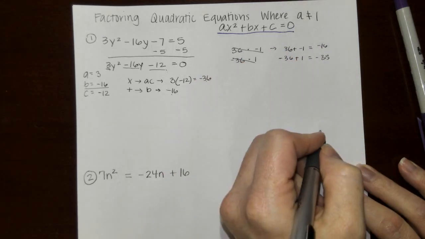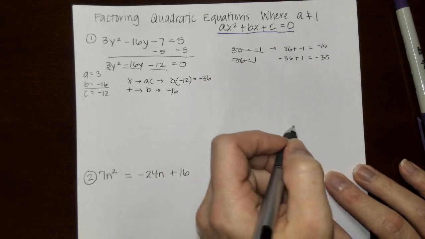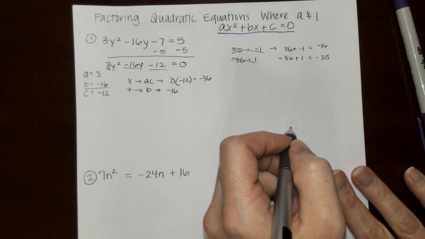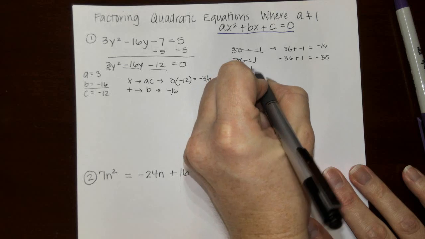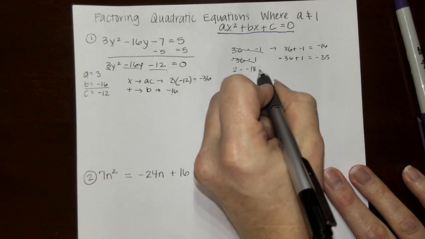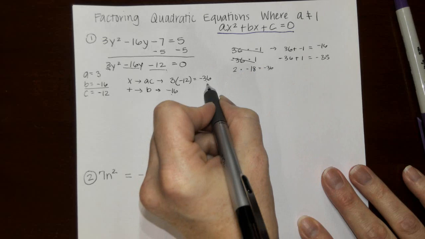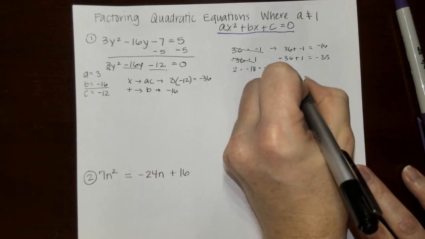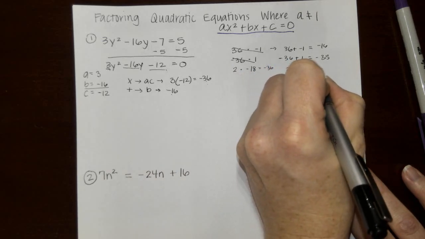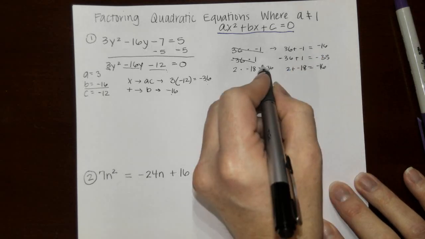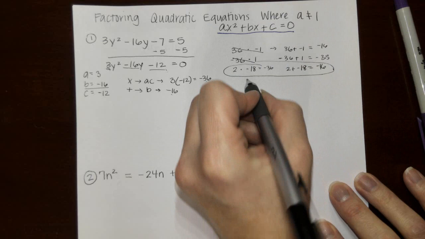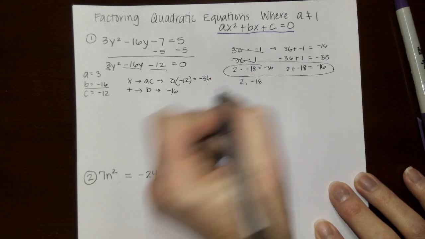So that's out. So then I think maybe 2 and 18. What if I said 2 times negative 18? That does give me the negative 36. And then 2 plus negative 18 would give me negative 16. So this is the one that we want. We want 2 and negative 18.